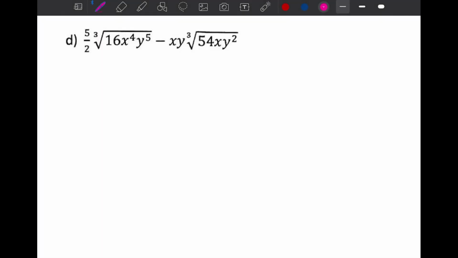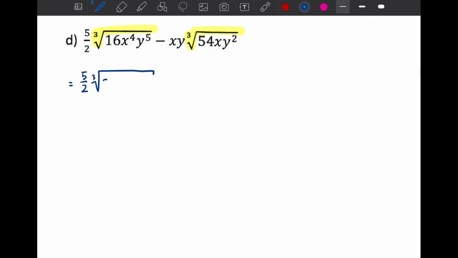Let's look at the last example. We have coefficient 5 over 2, and this time we have a cube root in each term. Let's simplify this further. We keep 5 over 2, and this time we're looking for a perfect cube factor.